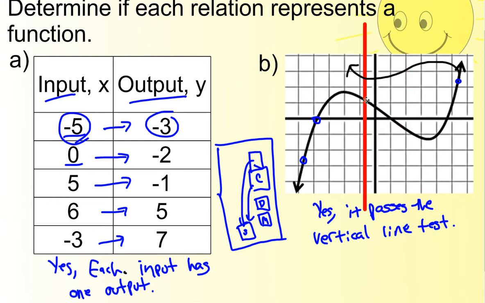It would go through this function twice. 1, 2, fail. 1, 2, fail. Over here it's passing, it's a function over here. But as soon as you get to there, 1, 2, now it fails the vertical line test, and it's not a function. And this is another way of saying this input thing: each input has one output.